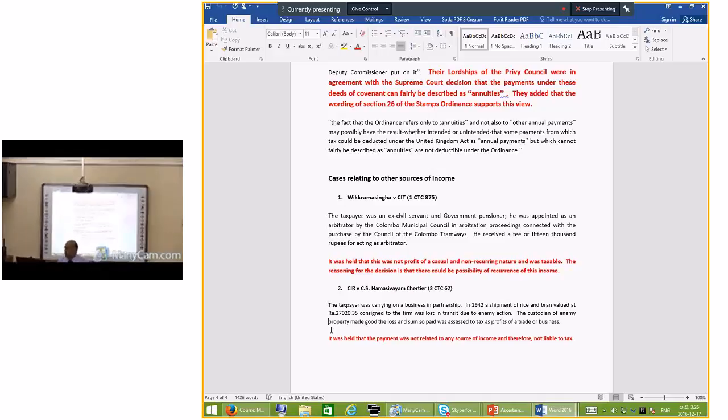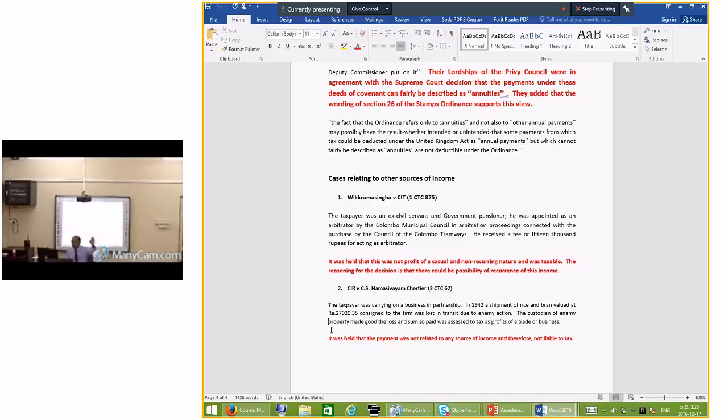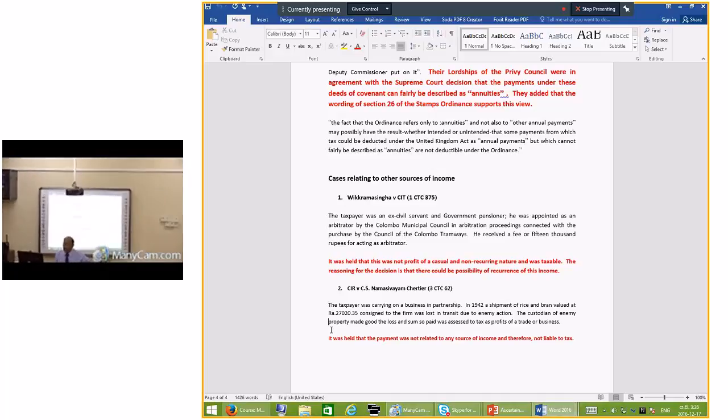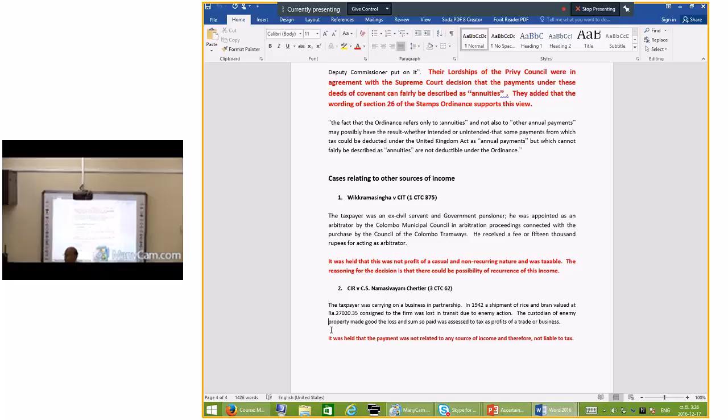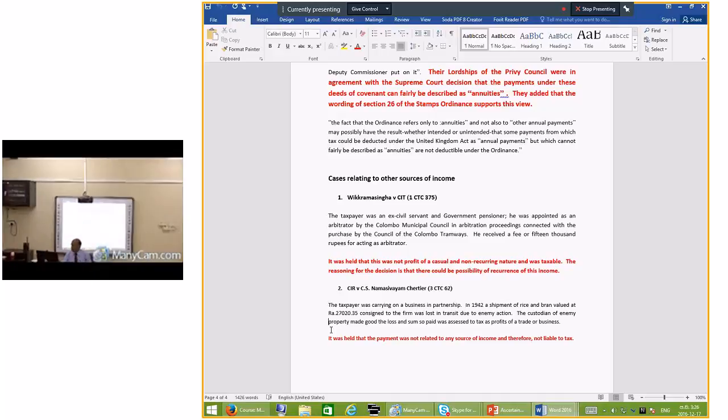They said we import rice for India, and it was lost on the way at sea. Their counsel argued that this type of income does not come under any other source.